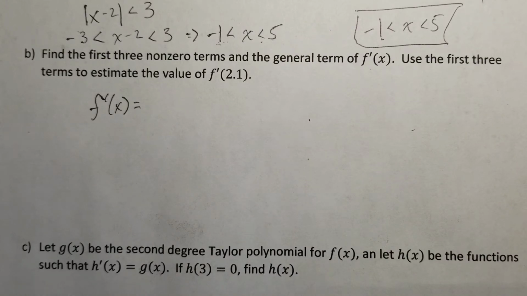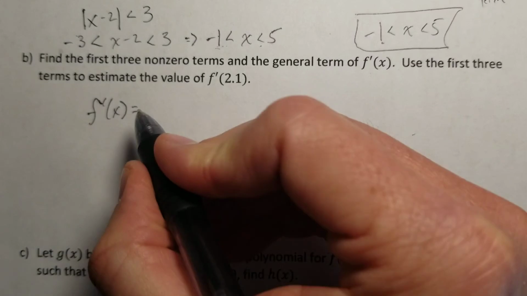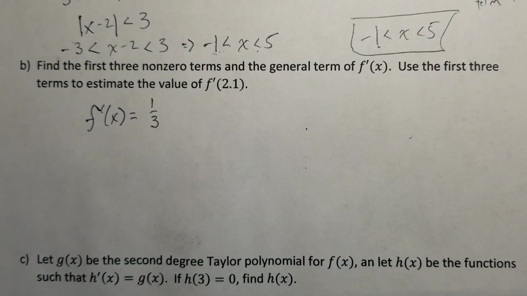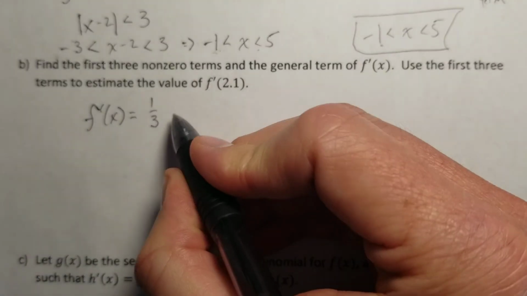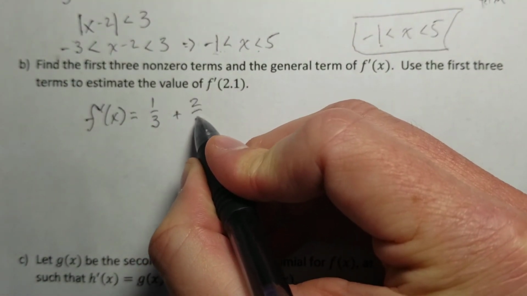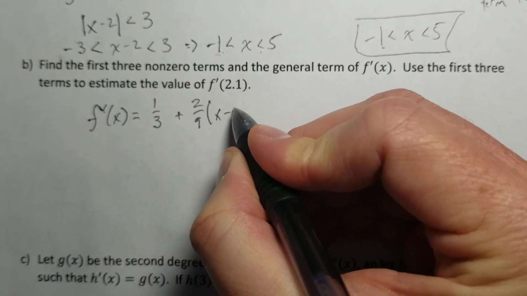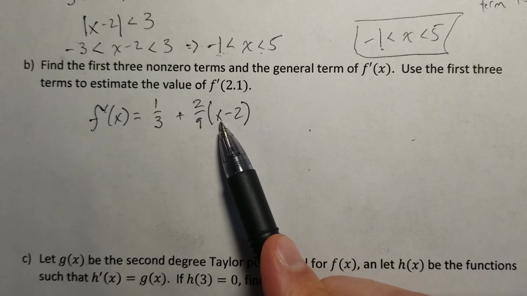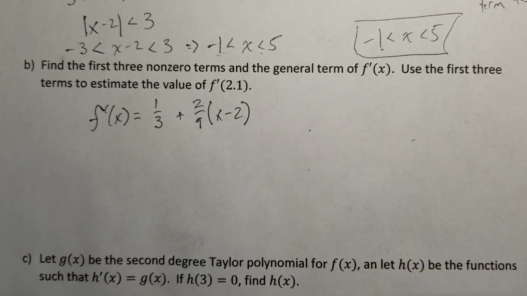Derivative of 1/3 of x minus 2 is going to be 1/3. The next term, 1/9, x minus 2 to the second power will become plus 2/9 times x minus 2 to the first. And our chain rule piece is just times 1, right? It's x to the first inside.